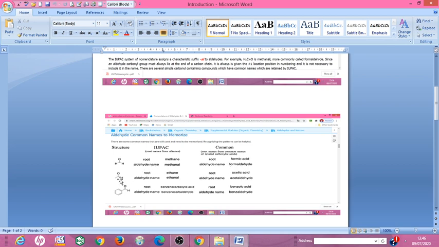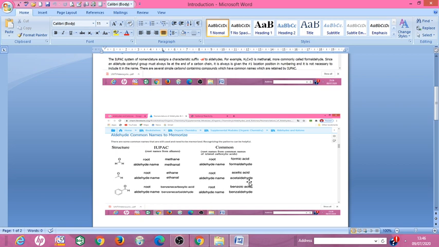Similarly, if the aldehyde contains two carbon atoms, then the name of parent alkane is ethane. In ethane, E is replaced by Al, forms ethanal. The common name of this compound is acetaldehyde.